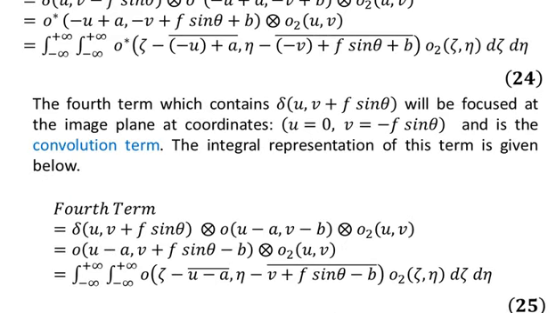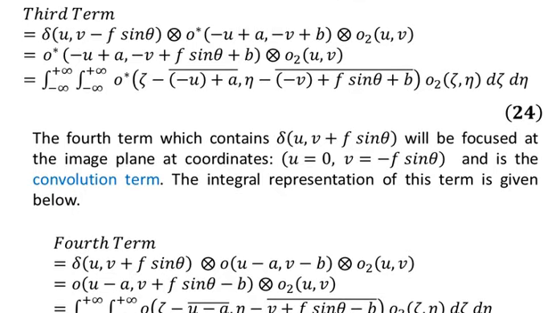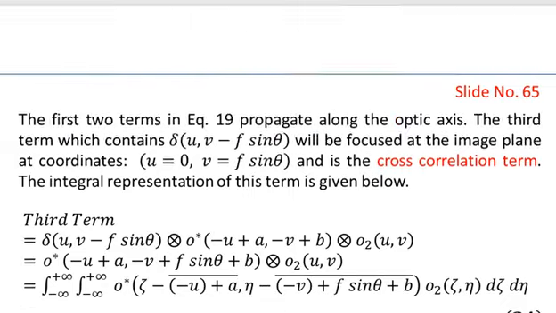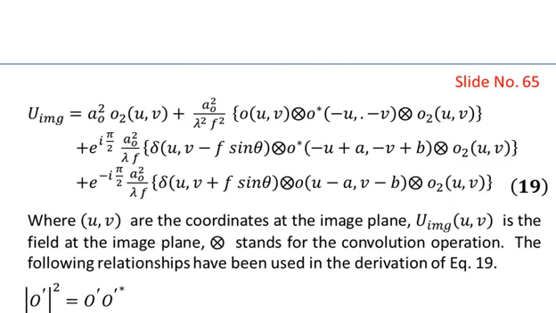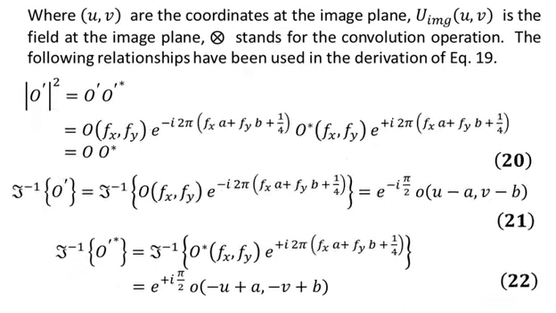And similarly the center of the fourth term will be aimed at u is equal to 0 and v is equal to minus f sine of theta. So we have obtained equations number 24 and 25. Out of these four terms in equation number 19, two terms will be symmetrically moving away from the center of the optic axis, whereas the rest of the two terms are traveling along the optical axis.